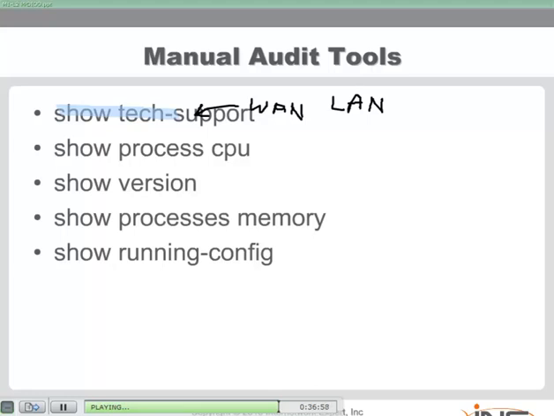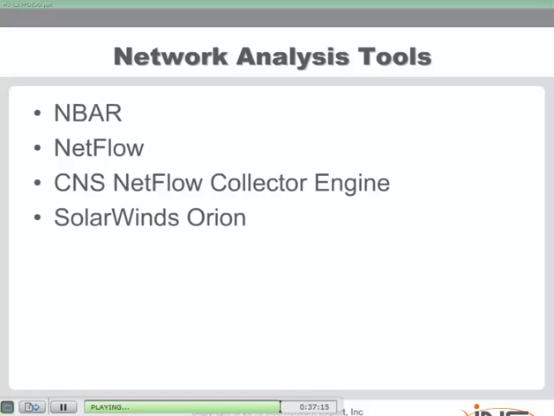There's the very popular WhatsUp Gold and very popular Cacti. There's NetQoS's NetVoyant. There's EtherPeak. Just a lot of different network management tools out there that could assist you with this audit. And there are also a lot of network analysis tools out there to assist you, and two of these are built right into your Cisco router.